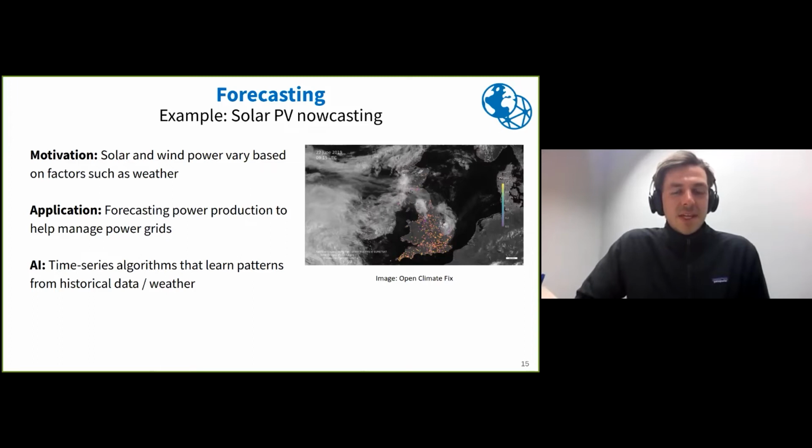Using weather data and historical data, they can do short-term forecasting of the energy supply, and thus help manage power grids. And they use time series algorithms, as I said, learning patterns from historical and weather data.